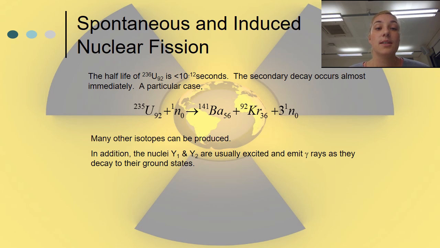Many other isotopes can be produced in this reaction. It's not set which isotope will be formed because there are many different possibilities depending on how that big nucleus actually breaks down. So in addition to the two daughter nuclei, which they've denoted here as Y1 and Y2, they're usually excited, which means the nuclei of those atoms are also oscillating, and then to return to the ground state, they emit gamma rays as they decay back to their ground state.